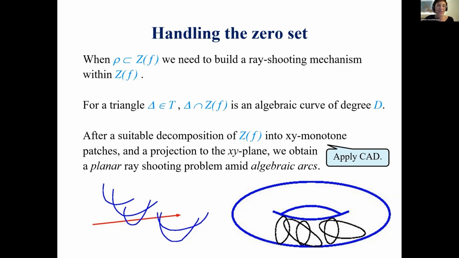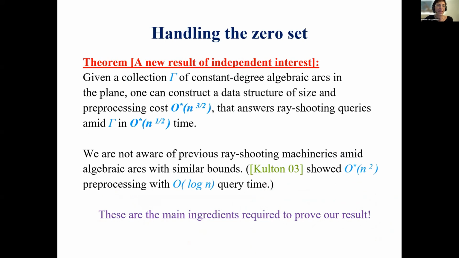We showed, using a separate mechanism, that given a collection gamma of constant-degree algebraic arcs in the plane, we can construct a data structure of size and preprocessing of about n to the 3/2 that answers ray shooting queries in root n time.